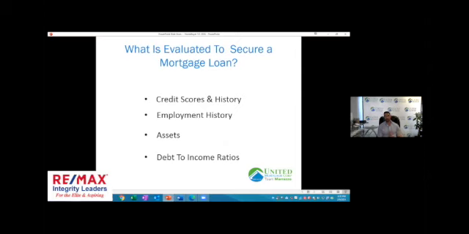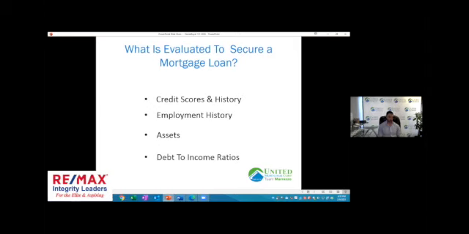So if their mortgage payment is, let's say, $2,000, and the rest of their debt is $1,000 on their credit report, that means they have $3,000 worth of debt against 8,333 monthly income.